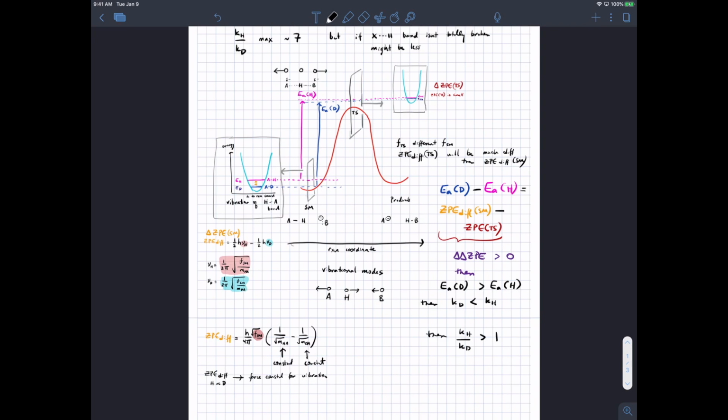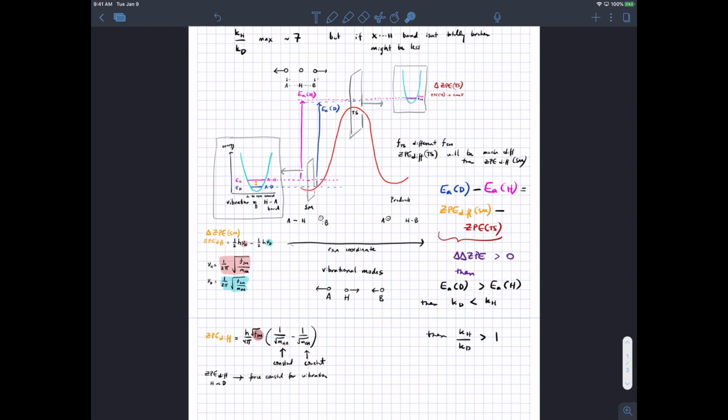A take-home message is we're only going to see a large kinetic isotope effect if there's a major change in the vibration between the starting material and the transition state. For example, if a vibration gets weaker, if the force constant changes.